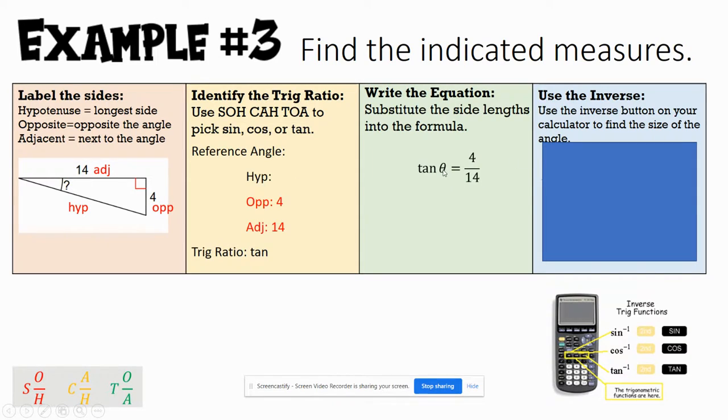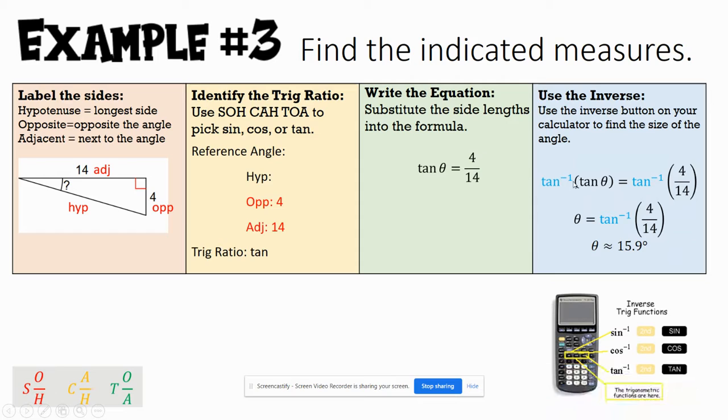Now, if your goal is to find this mystery angle, you're going to have to take the inverse tangent of both sides. On the left, these are going to undo one another because they're inverses. So you're going to be left with the angle, and then you go to your calculator and you'll enter in inverse tangent of 4 divided by 14, and you should end up with that angle is about 15.9 degrees.